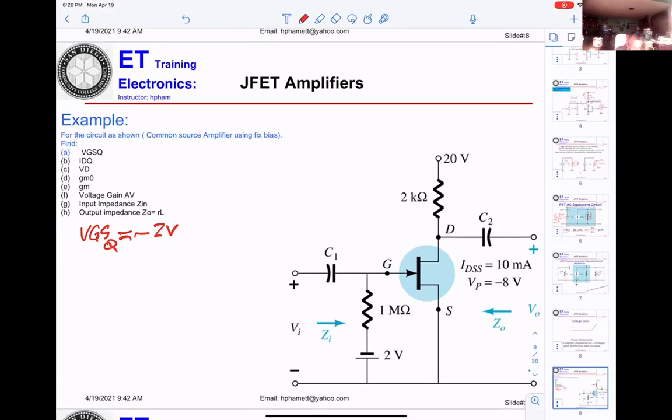And if you want to calculate the ID, ID equals IDSS times (1 minus VGS over VGS off) squared. So what do you get for ID?